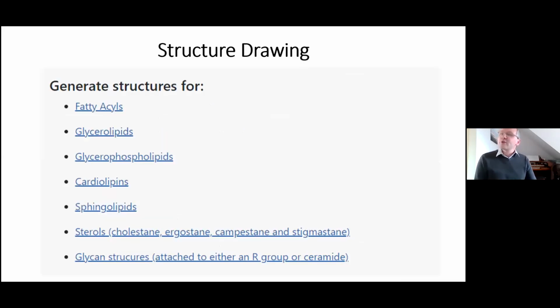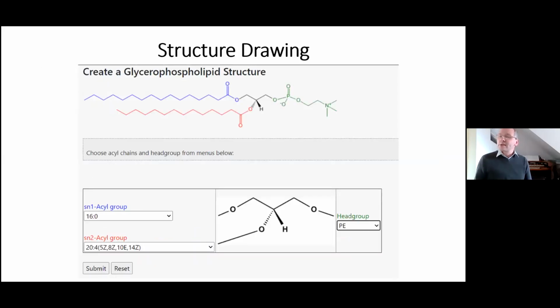The structure drawing tools allow you to generate images, structures for a variety of the more common classes of lipids. And again, it's very simple. You input the parameters for this lipid. So the type of head group you have for a phospholipid, the acyl chain at the SN1 position, the acyl chain at the SN2 position.